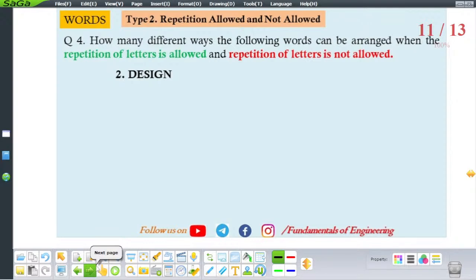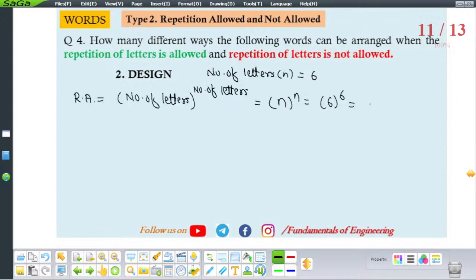What is the answer? 6 raised to 6 is 46,656. That will be the answer when repetition of letters is allowed. So 46,656 times we can arrange the word design when repetition of letters is allowed.